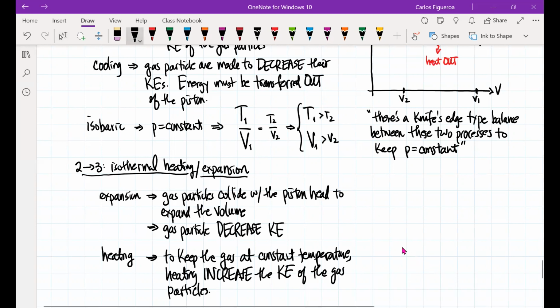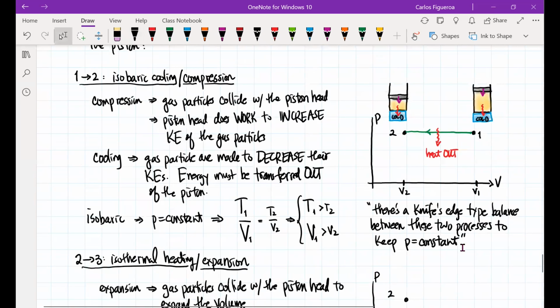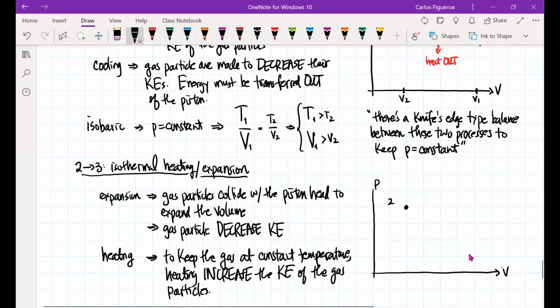So now if I draw my picture as before, here's my volume and here's my pressure. So now what I'm looking at here is this state here, which is 2. And now I'm going to go to state 3, let's say, right here.